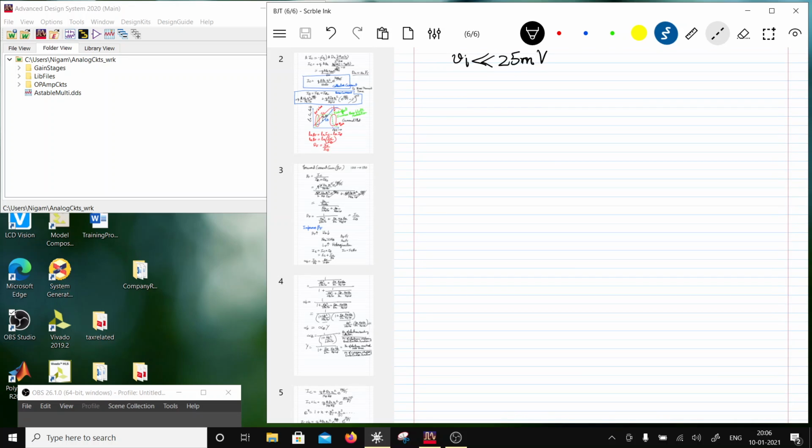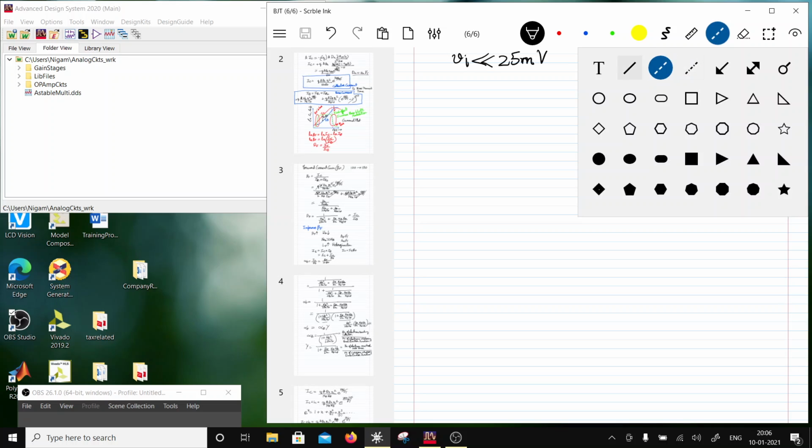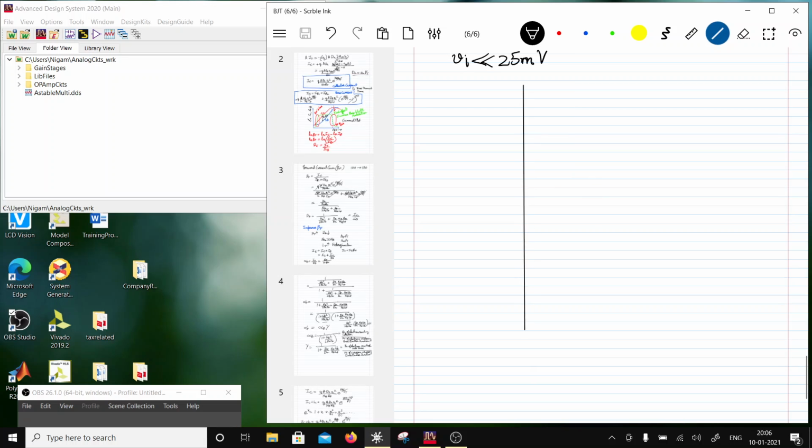So now if you remember, the base emitter junction was forward biased. So let's represent the base emitter junction here, and the base collector junction is reverse biased. We have a very fine depletion region over here because this is a forward biased diode, right?